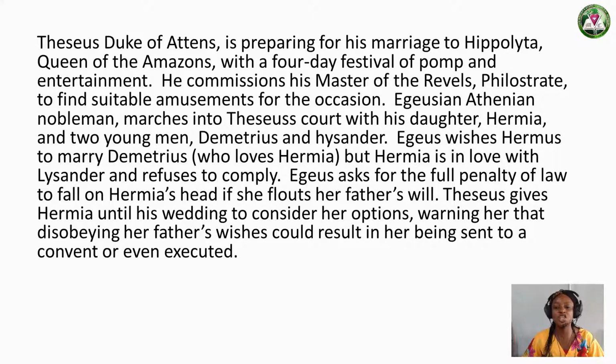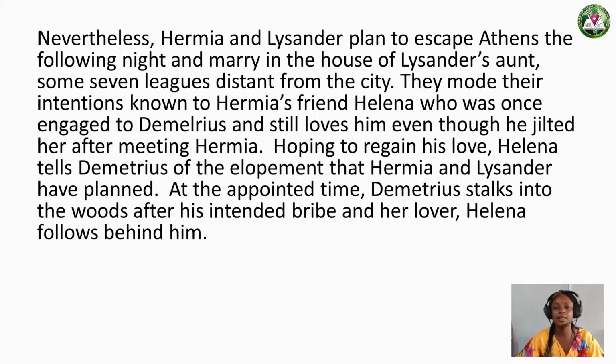That means the Duke tells Hermia that she has from that moment to his own wedding day to consider or reconsider what the father says, and if she eventually refuses to marry her father's choice, then she will be sent to a convent. You know what that means? That means she will forget everything about marriage, or even be executed. That means she may end up being killed at the end of the whole thing.